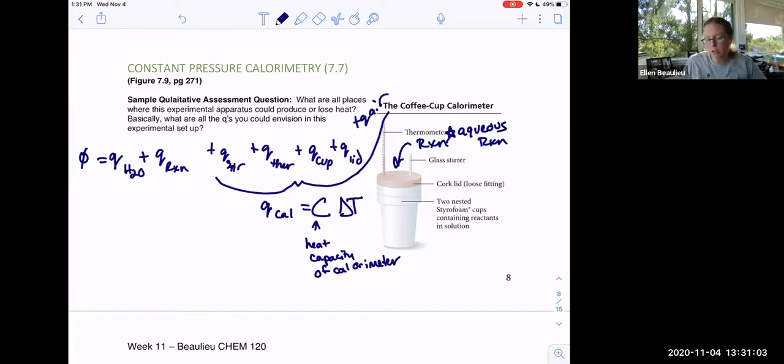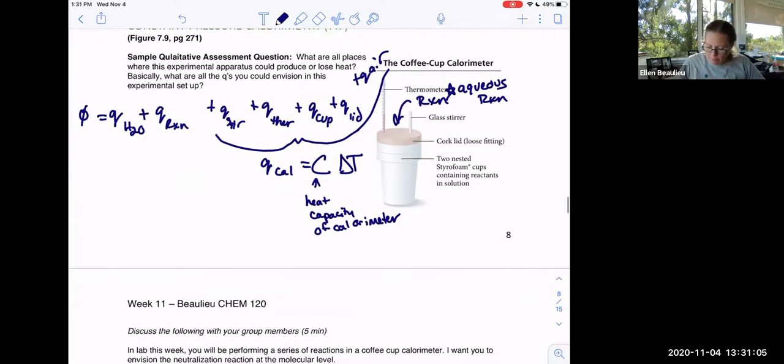This is one more Q that relates to your calorimeter. The reaction itself, if you'll remember from our discussion last week, the Q of a reaction is n delta H, where n is moles and delta H is the enthalpy of the reaction.